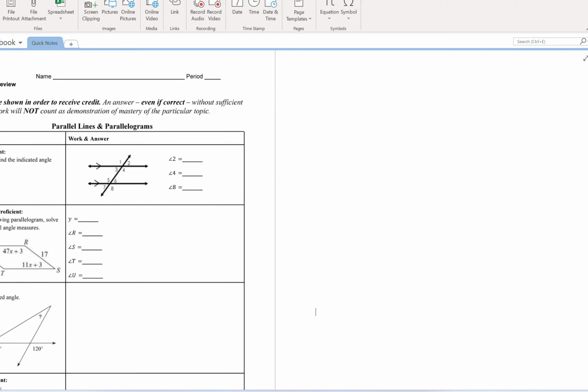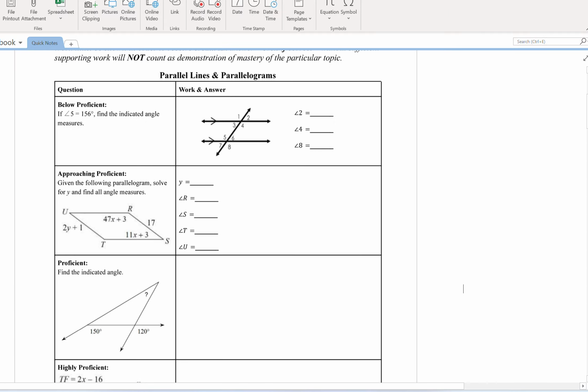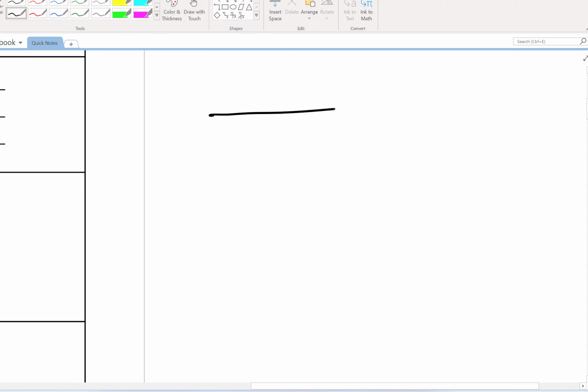One of the things we need to know are some of the names behind this. If I've got two parallel lines, you can show that they're parallel by having arrows not at the ends but in the middle, one little set of arrows or two.